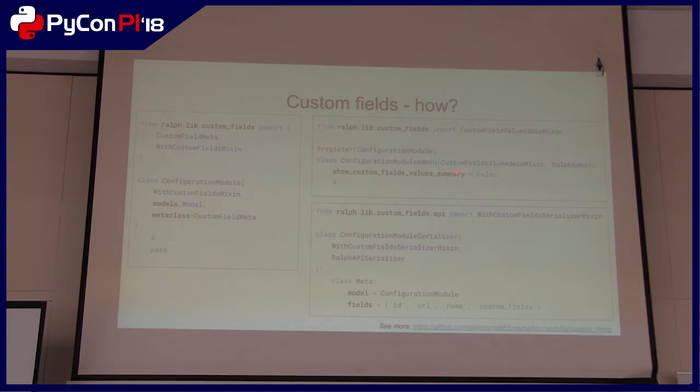In admin, we have to inherit from the custom field value mixin, specify some property, and the custom fields box is of course presented automatically. And in the API, the same stuff: inherit from some mixin, and custom fields are automatically handled by our framework, we may call it.